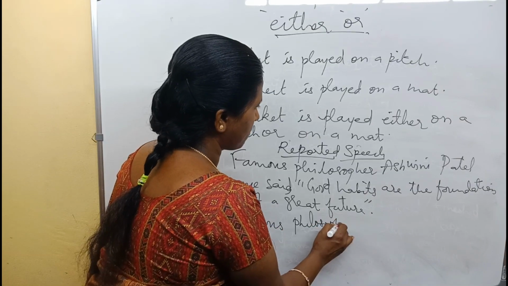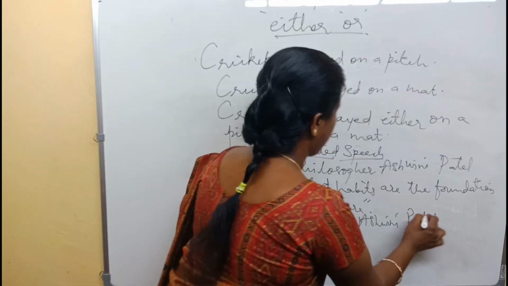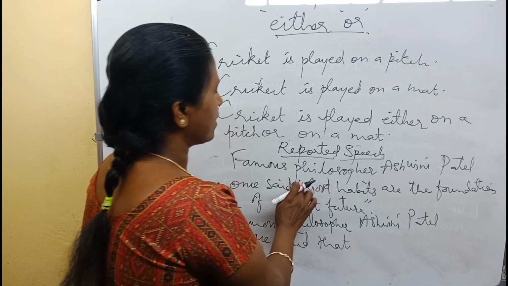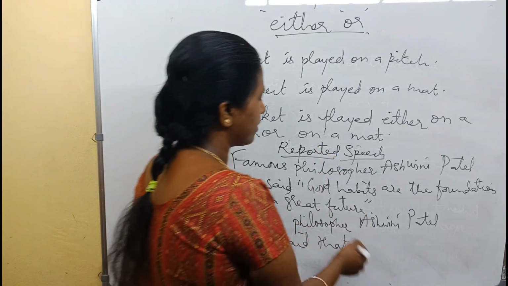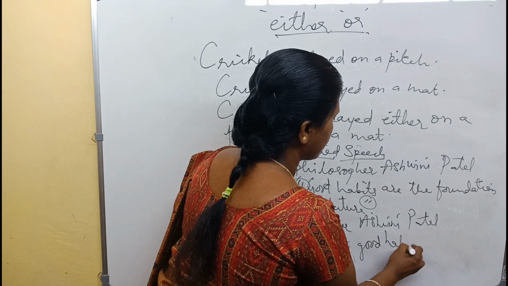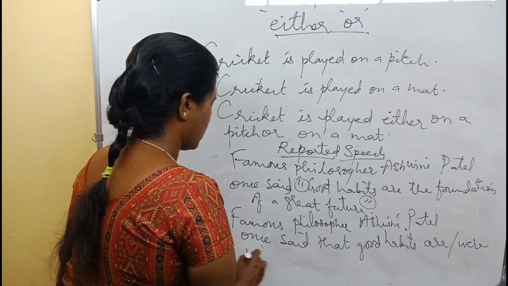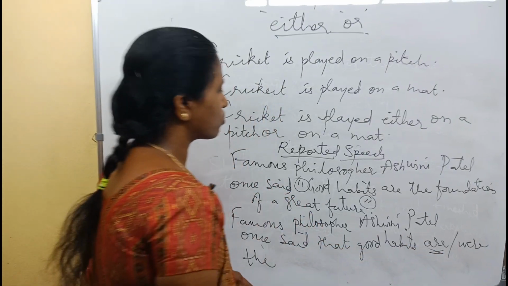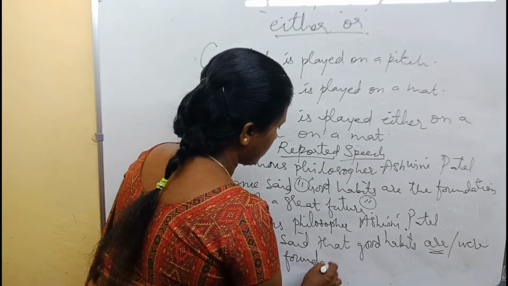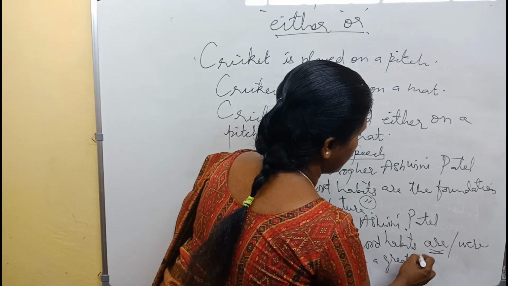Famous philosopher Ashwini Patel once said that. As soon as you put the linking word, the inverted commas will disappear. That good habits, you can write are or also were. Both are correct. Are is because it is an unchanging truth. It's not changeable. Are the foundation of a great future.